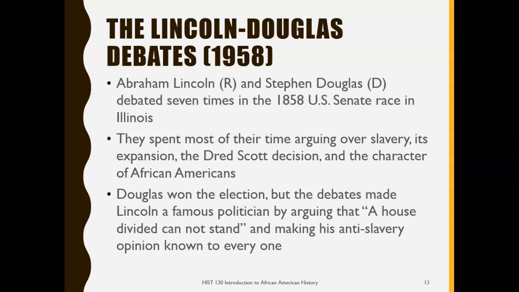But during this state election, Stephen Douglas won the Senate seat, but the debate made Lincoln a famous politician around the country, and one of his phrases was famous everywhere: "A house divided cannot stand."